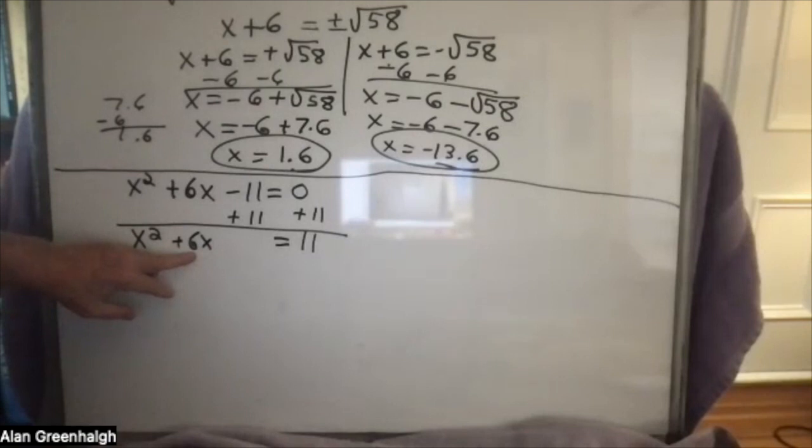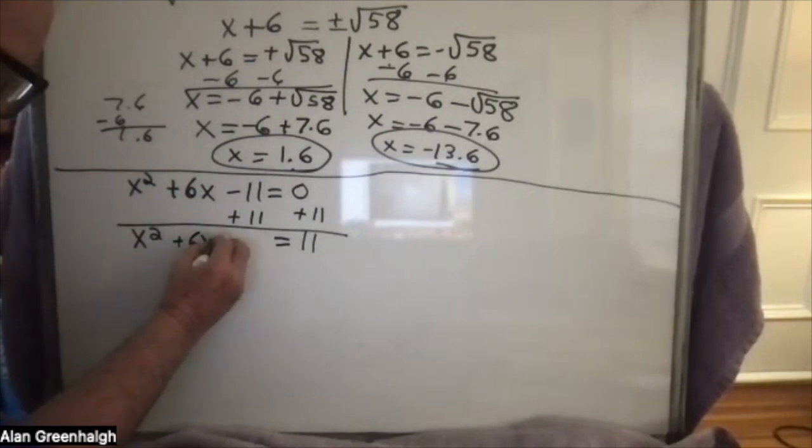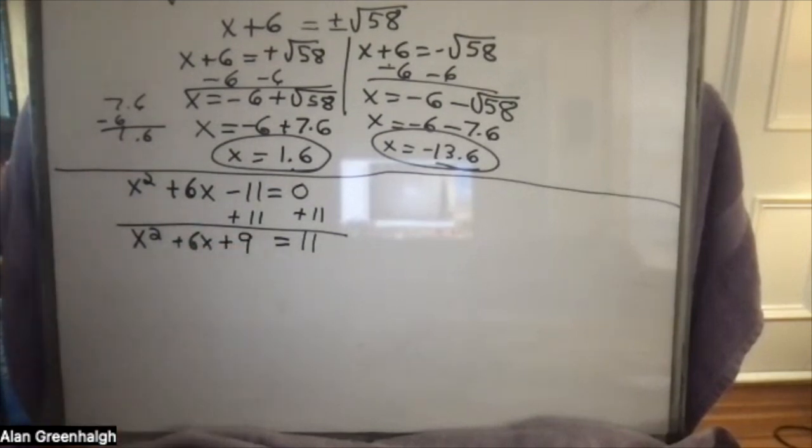Then you take half of the 6, and square it, and you get 9. And you add that 9 over there.